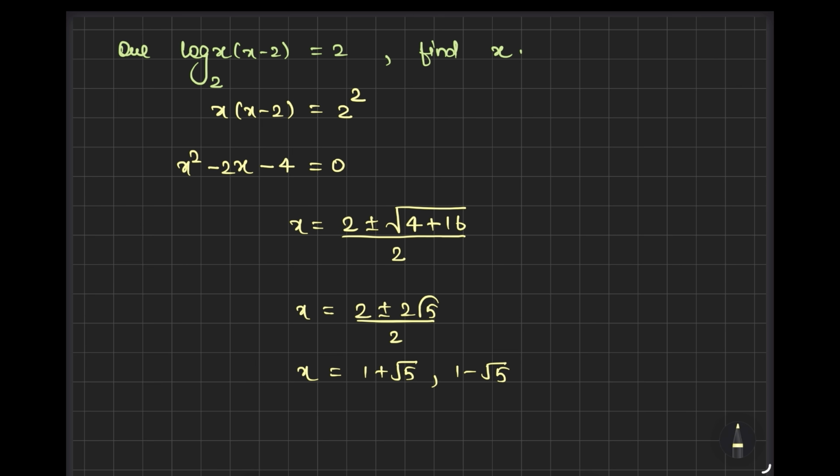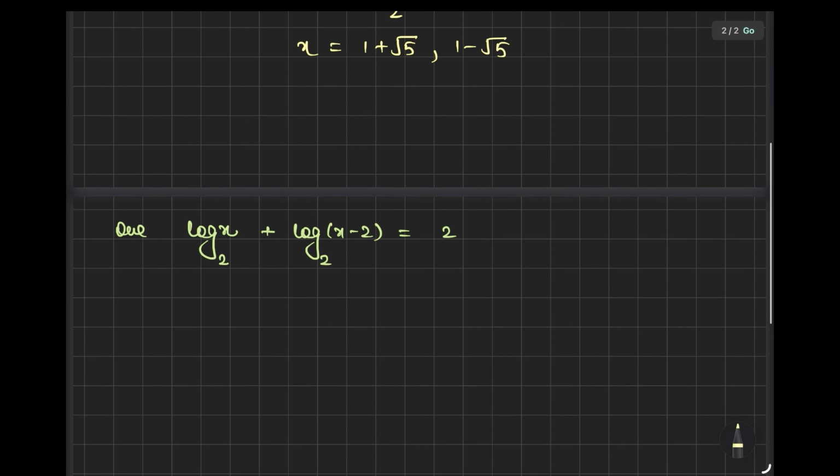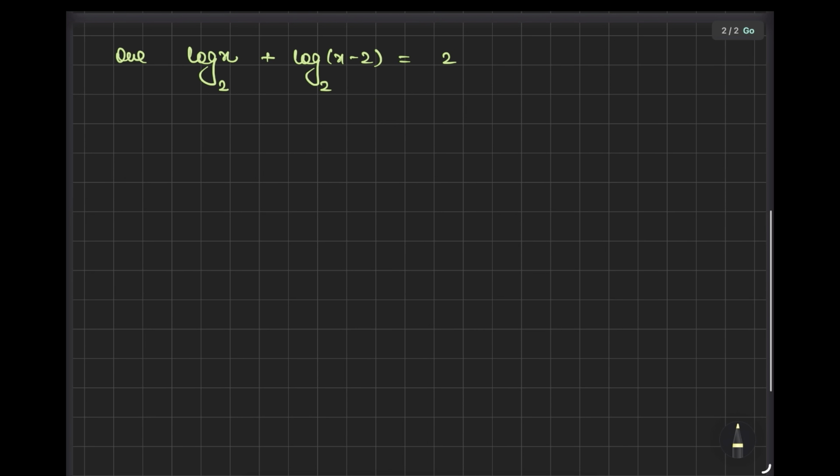I hope it is clear. Now let's try to solve this problem. Log x base 2 plus log (x minus 2) base 2 equals 2. So here we will use the property log m plus log n equals log mn. So first use the property, so it is log x(x minus 2) base 2 equals 2.